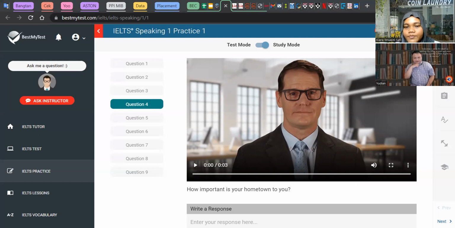But since I grew up here in Bandung, I can become a full Sundanese person, learning more about the culture here. And I also like that this hometown is the place where I learned about everything. Is that good enough? Okay.